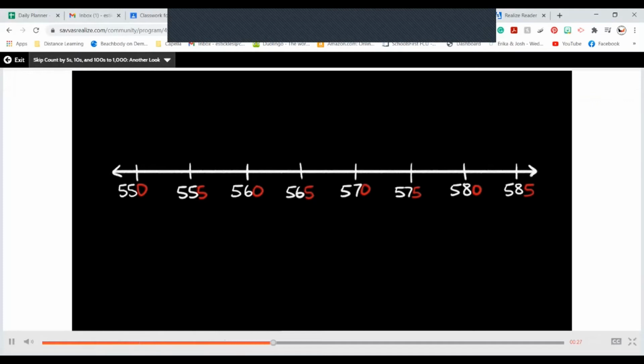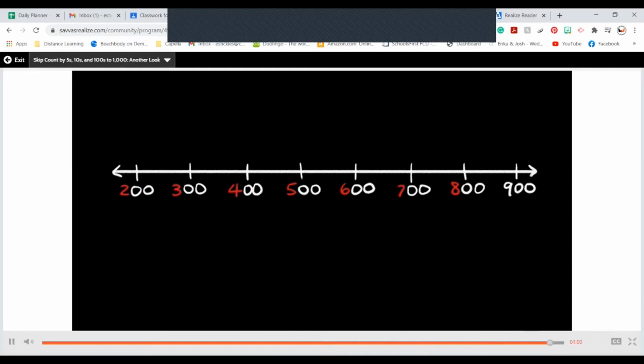And if I change all the numbers, I see that it's now skip counting by hundreds. I see a pattern in the hundreds digits. Do you? The hundreds digit keeps going up by 1. So if I continue the number line, what would the next number be? You got it! 900.